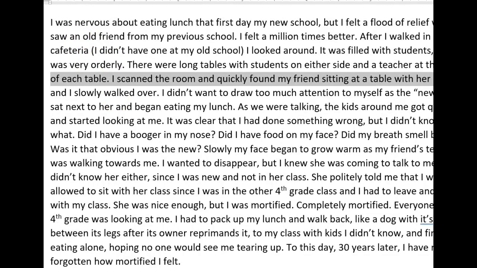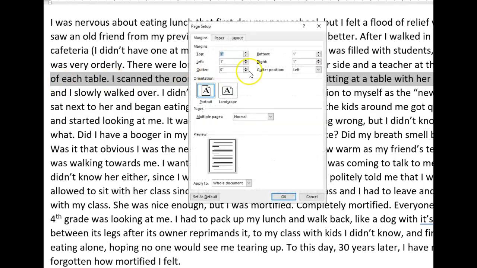Actually, I'm going to change my margins, make them a little bit bigger, so they'll all fit in the box. Sorry about that. I'm going to make it 2 inches. Actually, let me do it 2 on the sides.